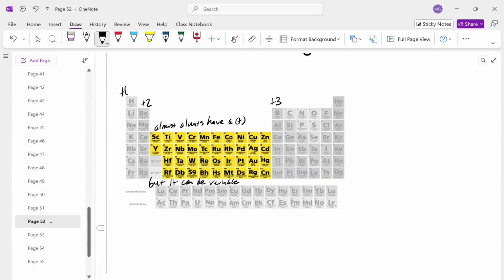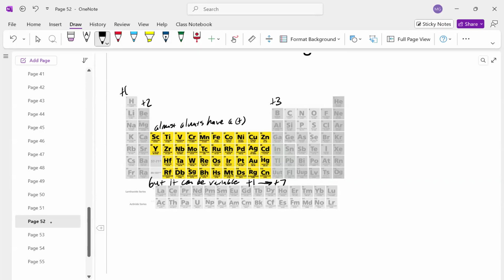Copper, for example, might have a +2 charge in one compound, but have a +1 charge in a completely different compound. And these charges tend to range from +1 to a maximum of +7. I can't think of anything that has over +7 charge, but some of these ions have that wide range of variability.